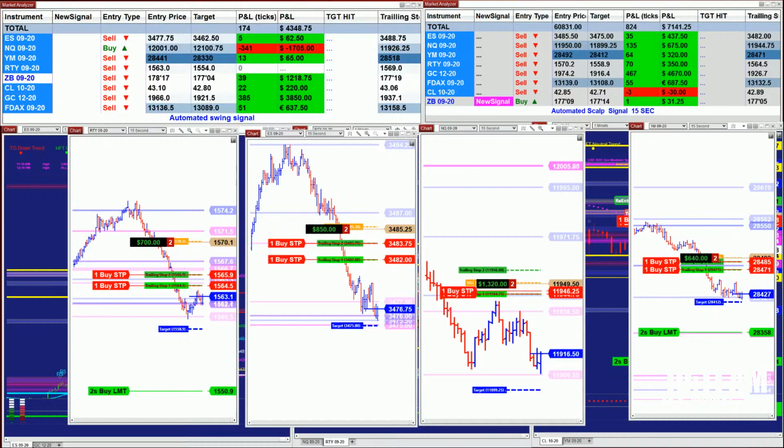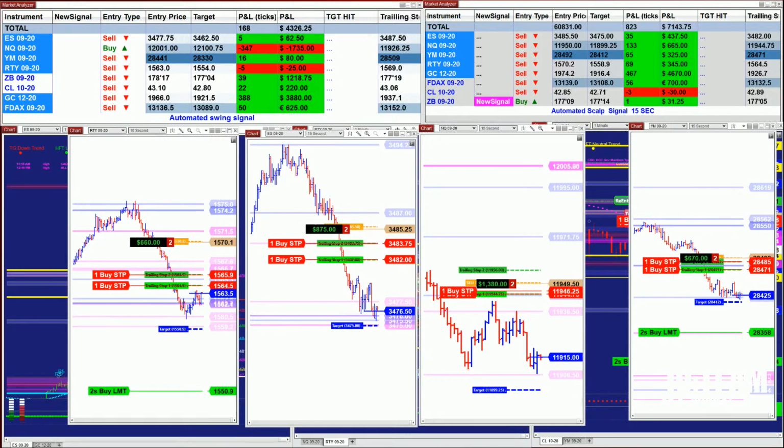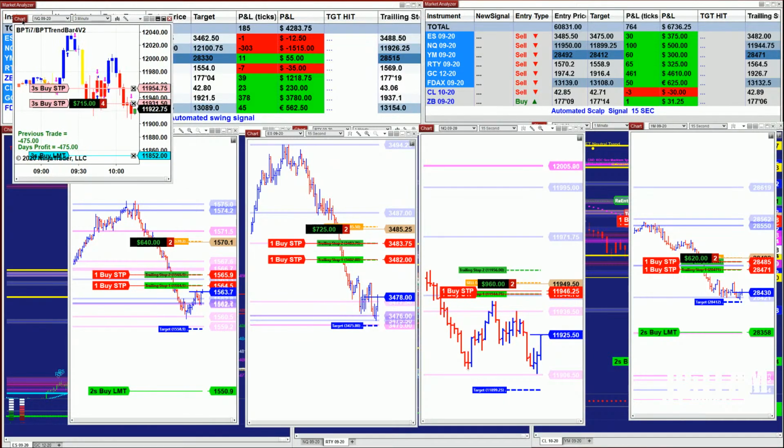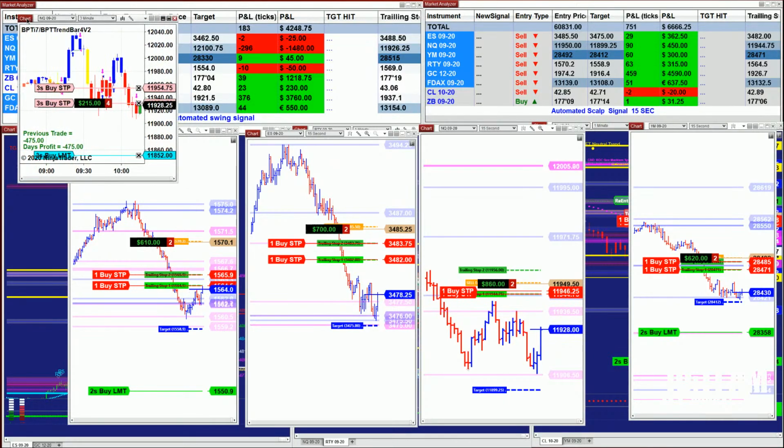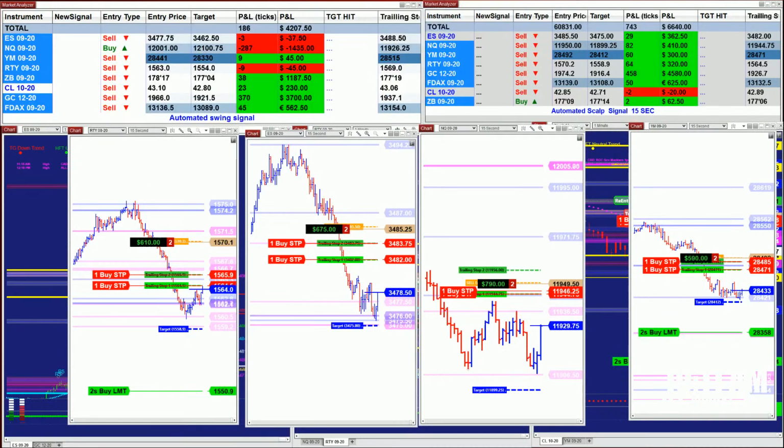We have the Nasdaq also automated to trade. This is the Nasdaq. We are on 3 minutes, the Nasdaq, and it seems like it's gonna close some of it right now.